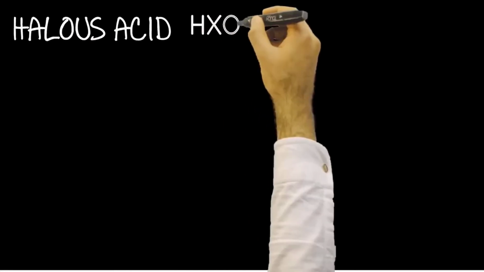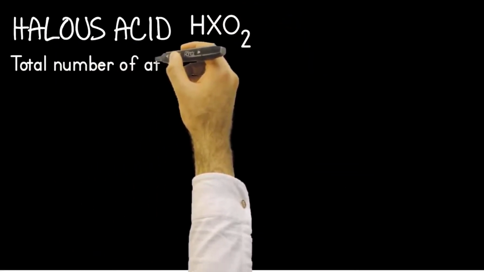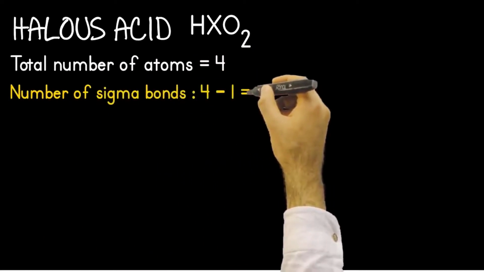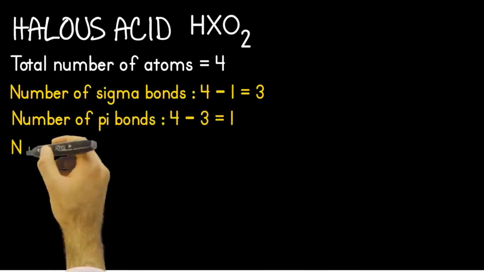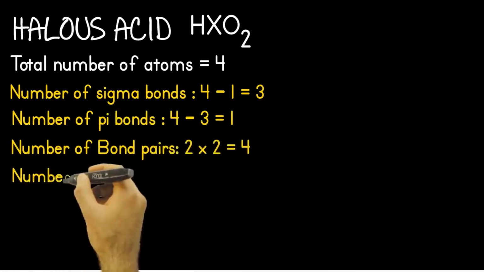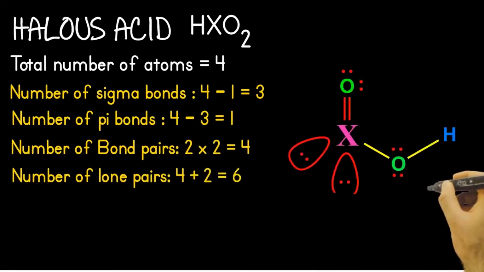For halous acid having formula HXO2, total number of atoms is 4. Number of sigma bonds can be calculated by total number of atoms minus 1, that is 4 minus 1 equals 3. Number of pi bonds, 4 minus 3, it comes out to be 1.